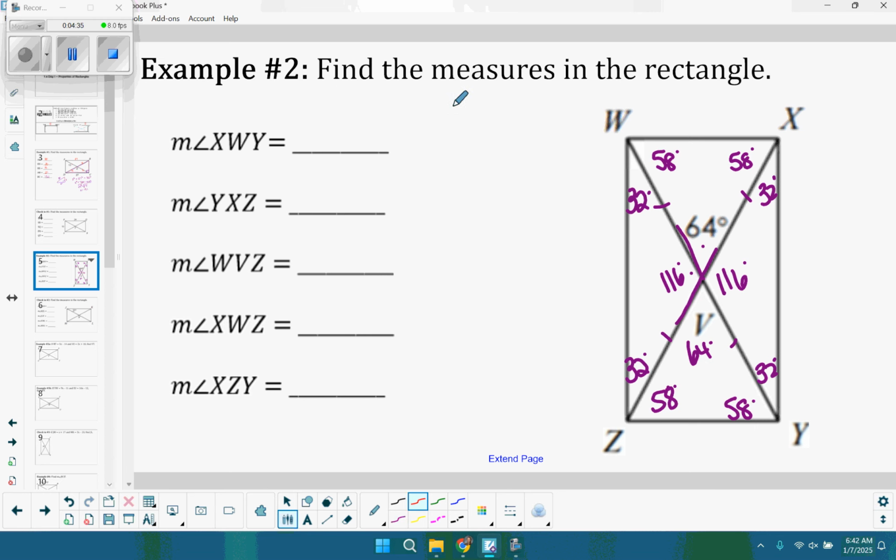So X, W, Y points to the 58. Y, X, Z points to the 32.